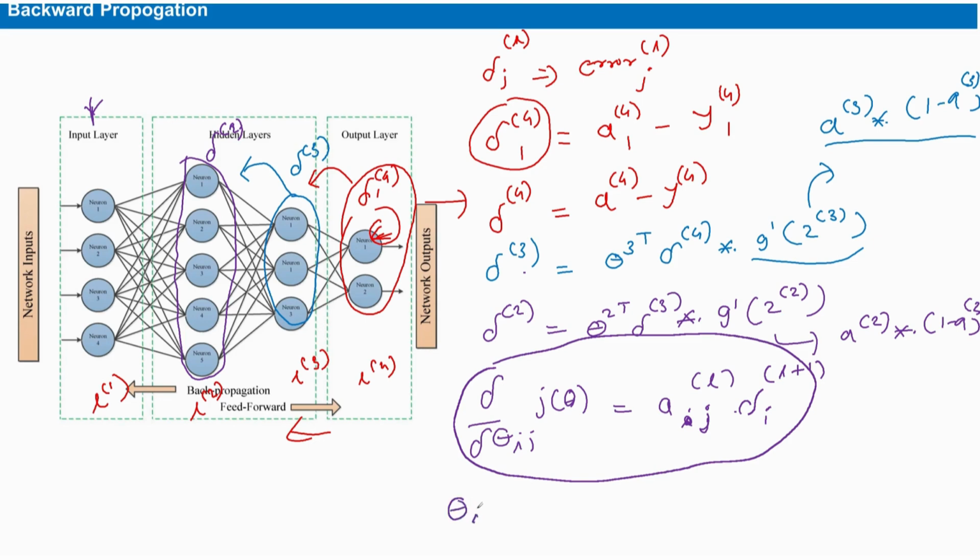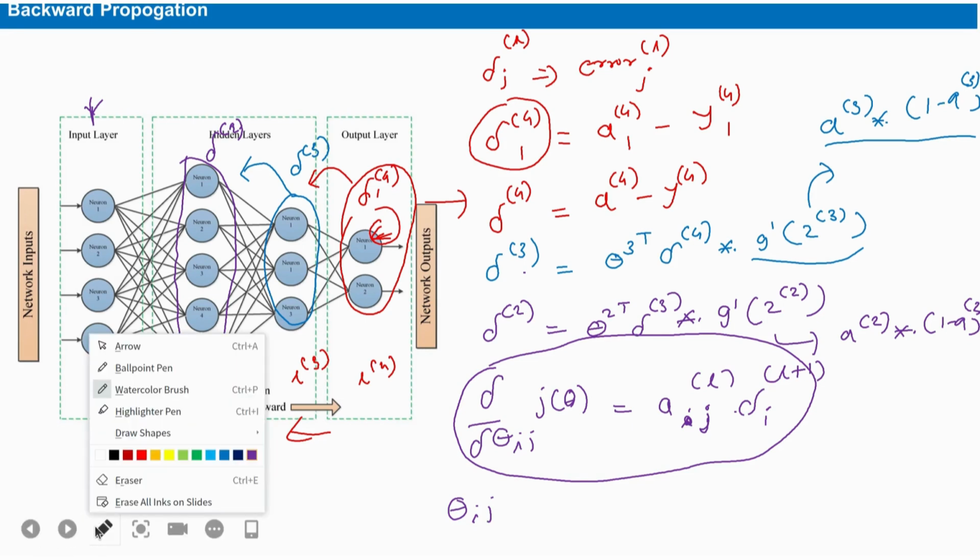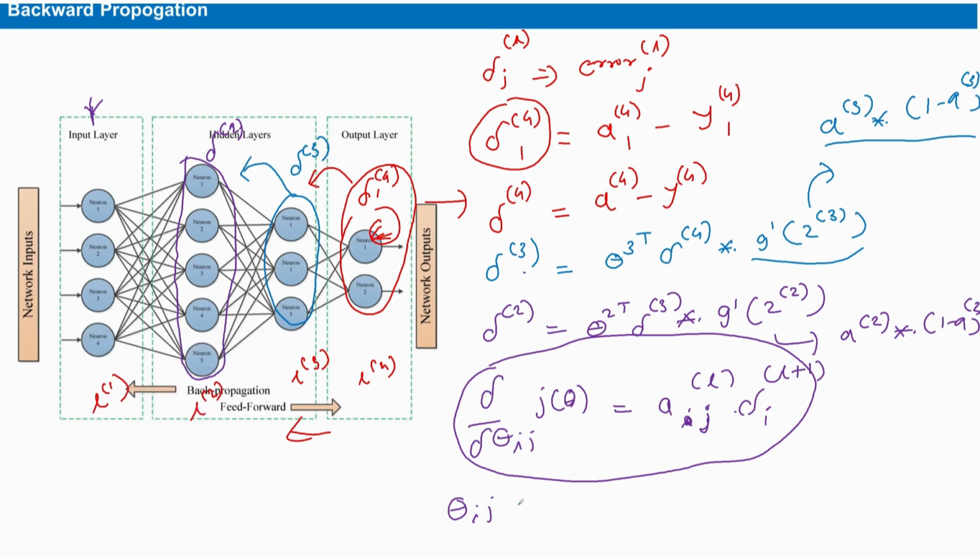Theta ij, I will use a different pen to give you a better idea. Theta ij minus alpha into the partial derivative of the cost function with respect to theta ij. This is what you will substitute here.